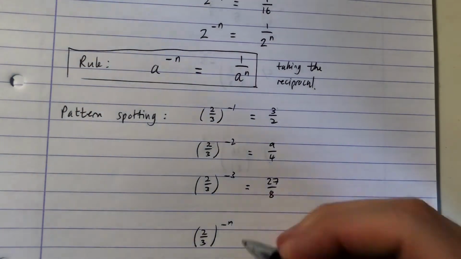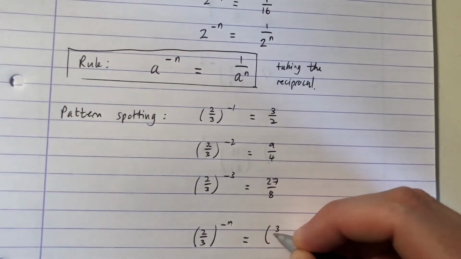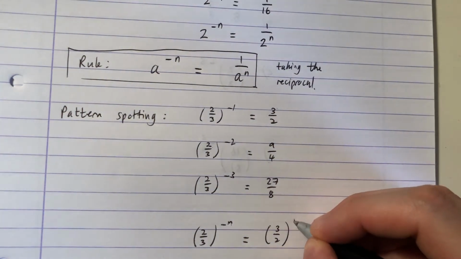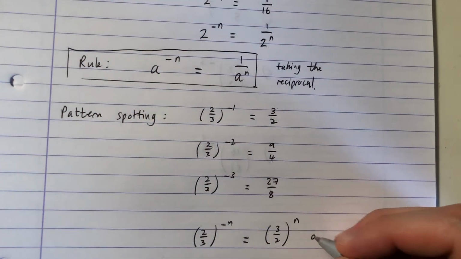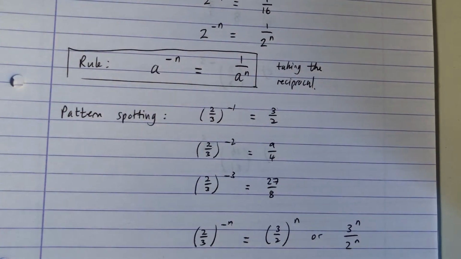So when you see a negative power and you've got a fraction, you flip the fraction, and then you just raise it to the power of n. So you might prefer that as 3 to the power of n over 2 to the power of n. Both of them are equivalent to each other.